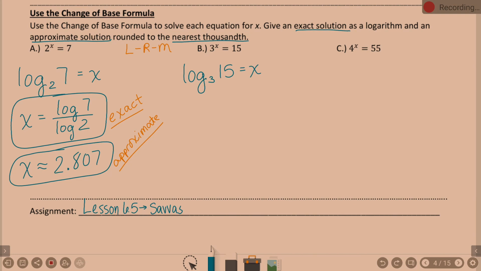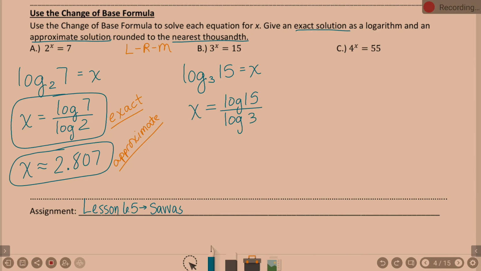Then we grab the 15 from the right, equals the x in the middle. How do I rewrite this as an exact solution? Log base 3 of 15 can be rewritten as? Okay, log of 15 divided by log of 3.